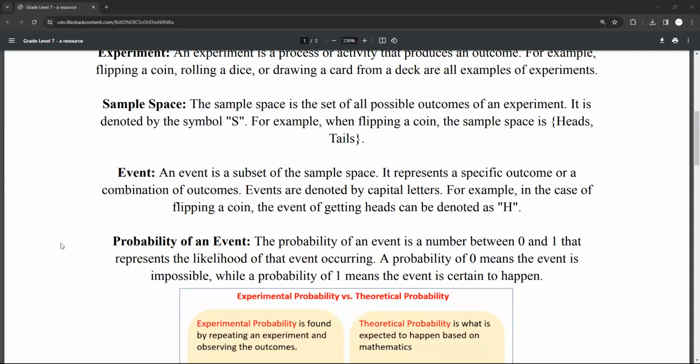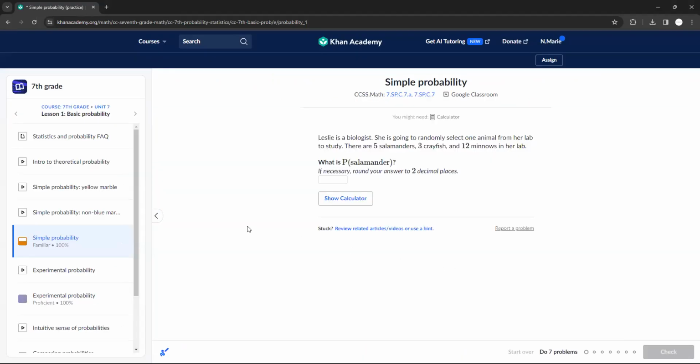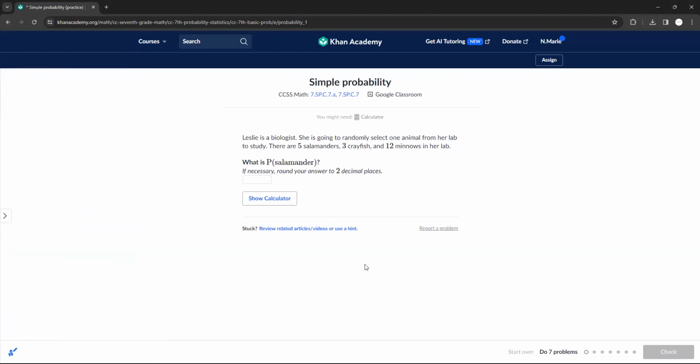All right, let's play around with the two. Let's go on Khan Academy. Simple probability. Leslie is a biologist. She's going to randomly select one animal from her lab to study. What's the probability she'll get a salamander? There's 5 of those.